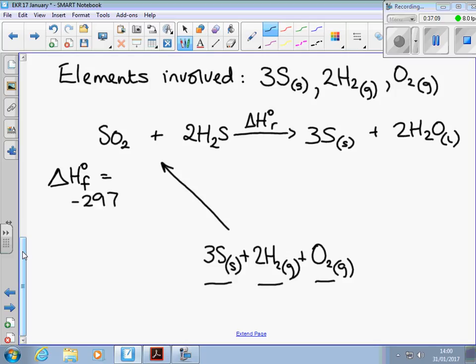And then we need 2 lots of, that's it, plus 2 times minus 20.2. So that's not a very tidy way of writing it, probably. And so that's the energy involved on that side. Quick on the calculator.